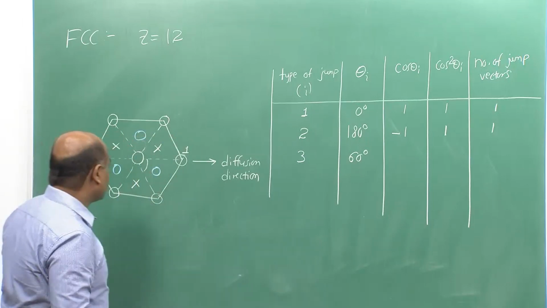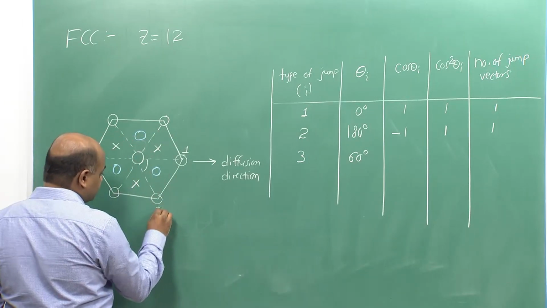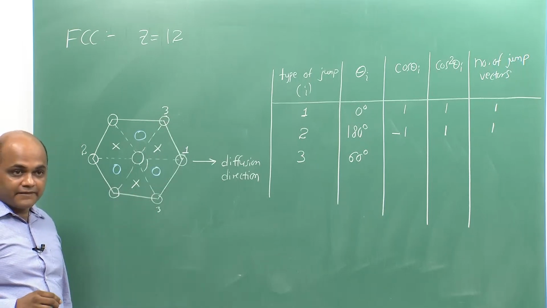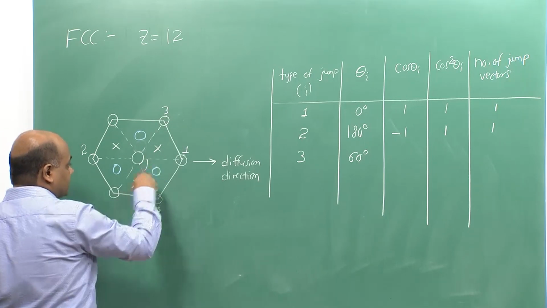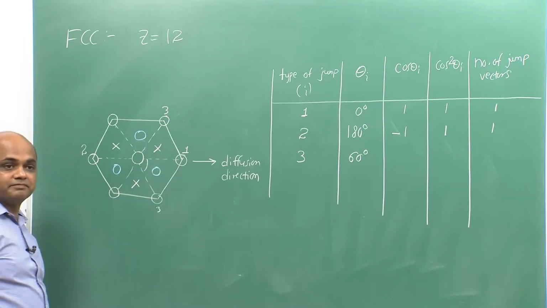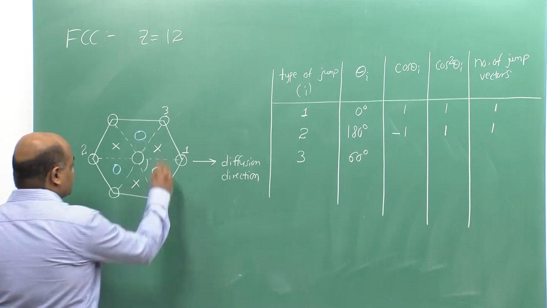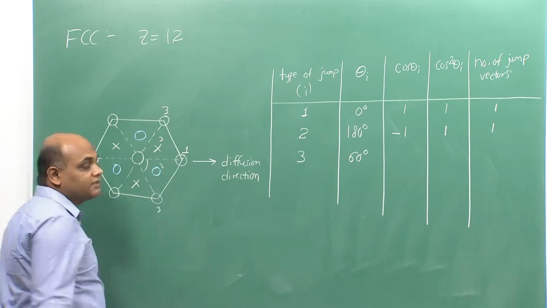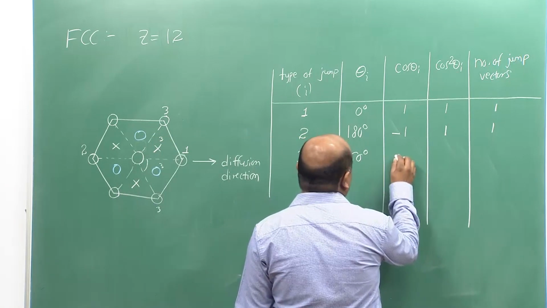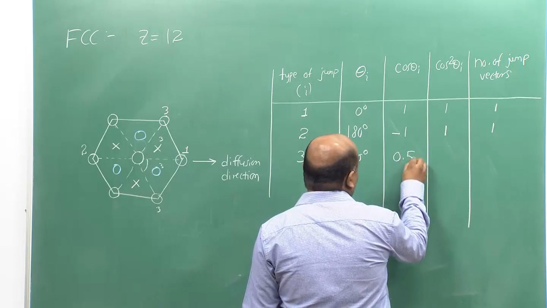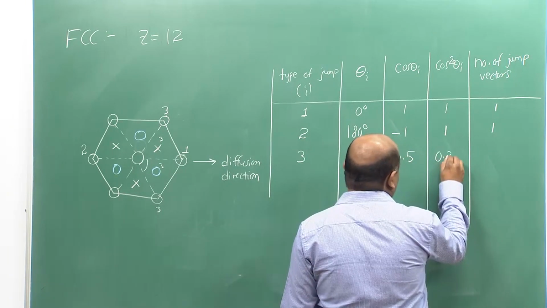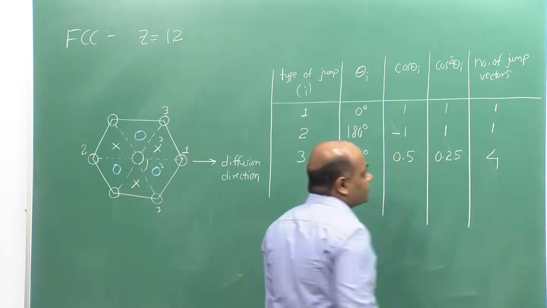How many such atoms are there? Obviously, this one and this one, and also these two which are out of the plane, right, one on top, one at the bottom. So, 4 such sides make the angle of 60 degree, cos 60 is half. The cos square theta I is 0.25, and there are 4 such sides.